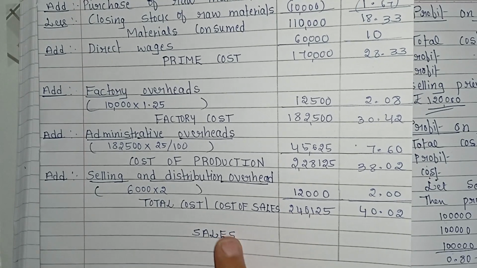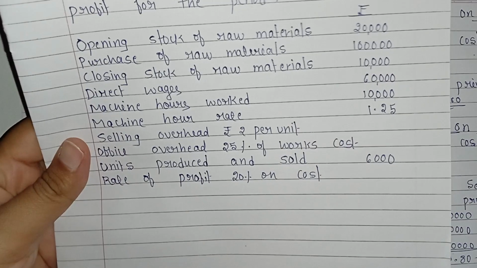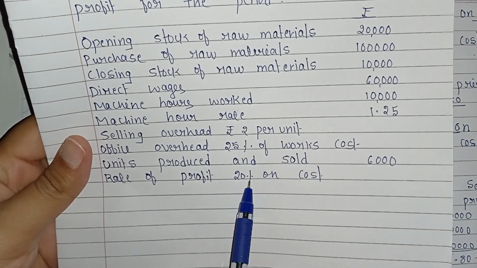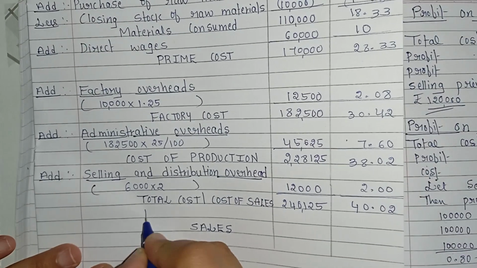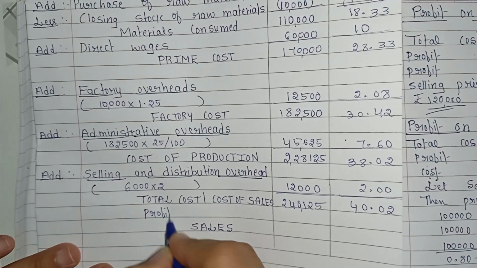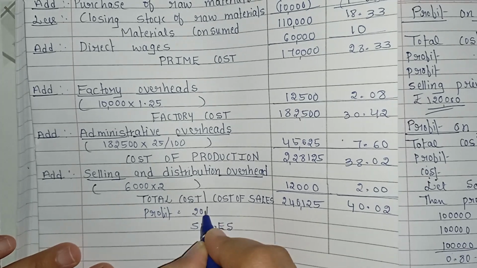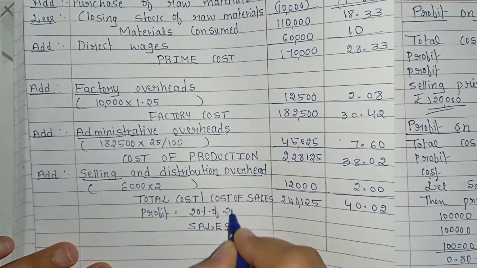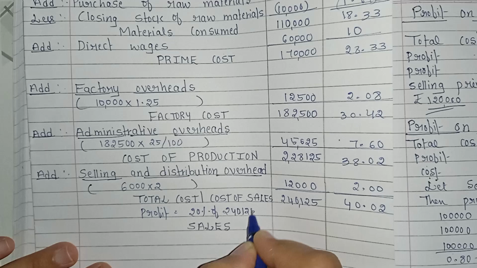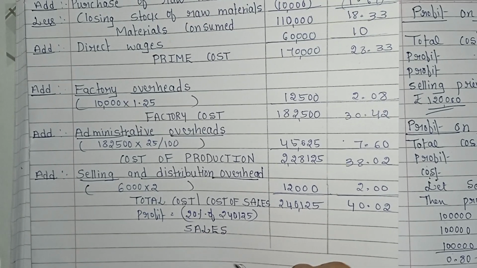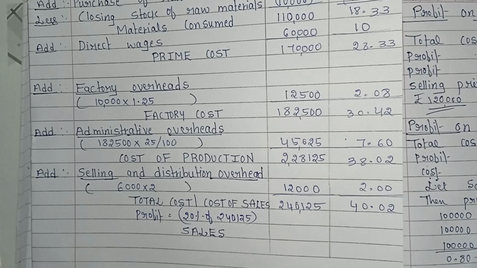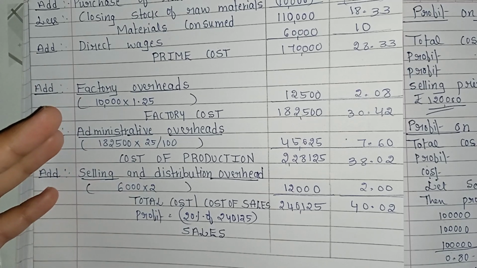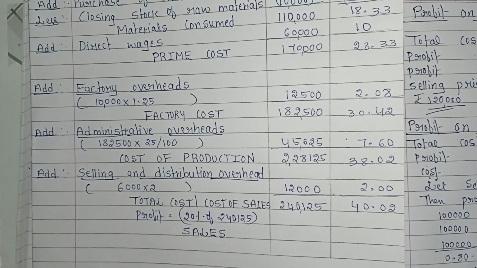Now the rate of profit is 20% on cost, so profit equals 20% of 2,40,125. Clear? Directly we need to calculate. Here profit is not on selling price, where we would need to apply a formula.